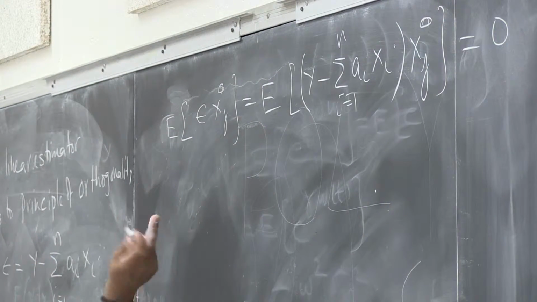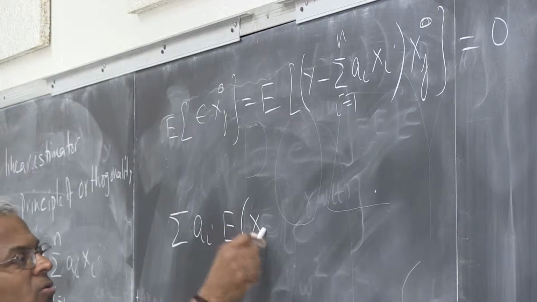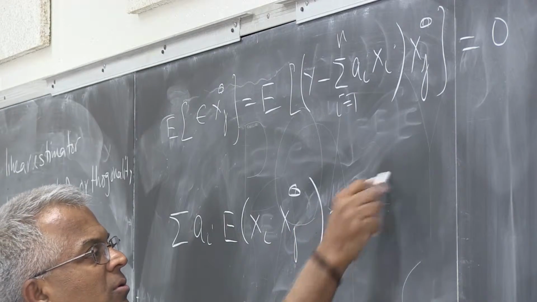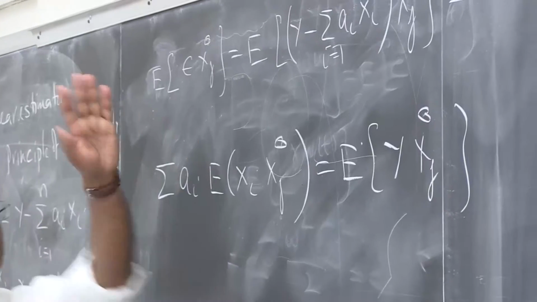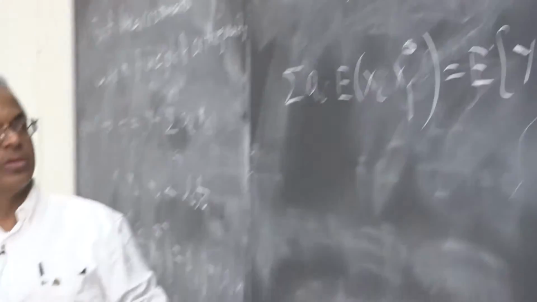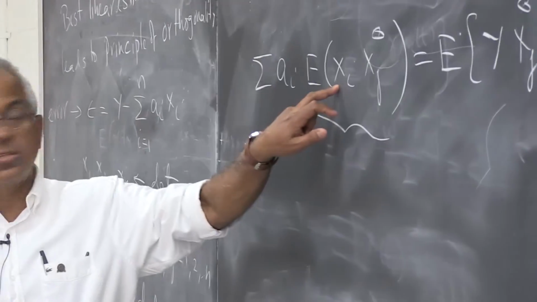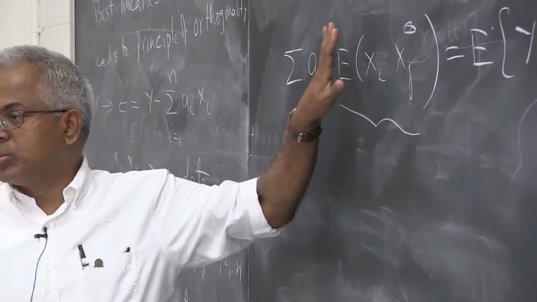So I am going to write this as the sum of ai times the expected value of xi xj star equal to the expected value of y xj star. I just took the y term to the other side. What is this? If you think of this as the expected value of x of ti x of tj star, what is this quantity?